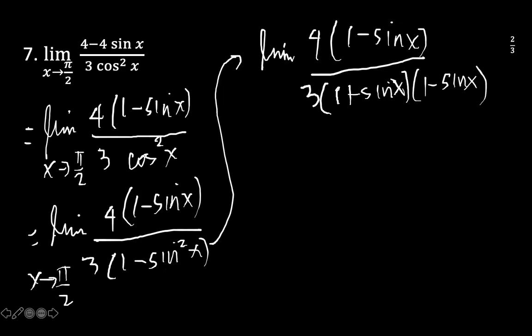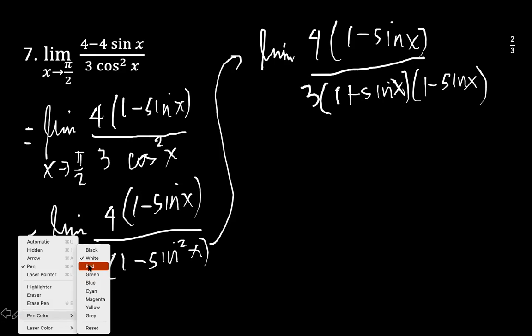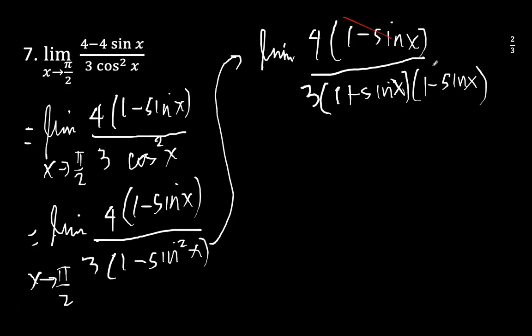These are the factors of the denominator, and we can cancel out 1 minus sine x. This becomes the limit of 4 over 3 times 1 plus sine x as x approaches pi over 2.